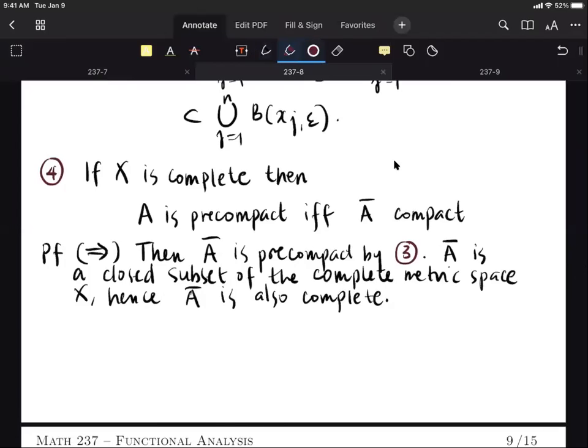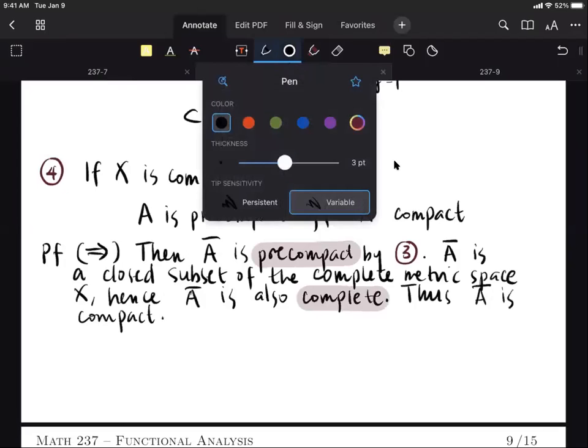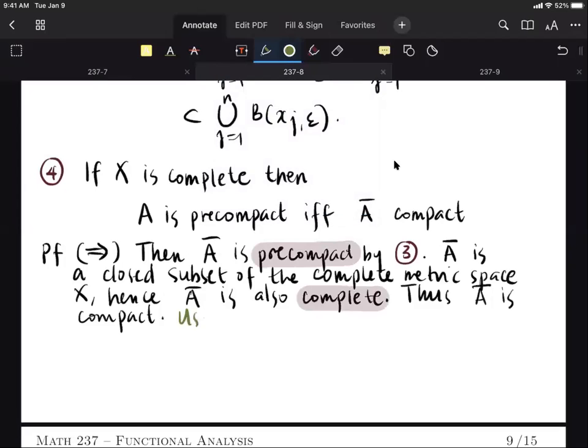So combining these two, pre-compactness and completeness, thus A bar is compact. Here you use the fact that 3 implies 1, or in fact they are equivalent in the previous theorem.